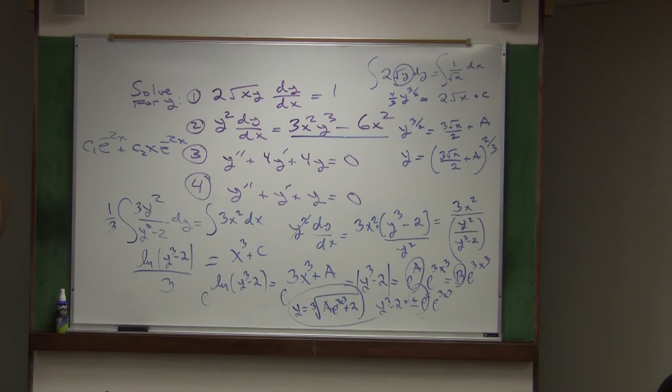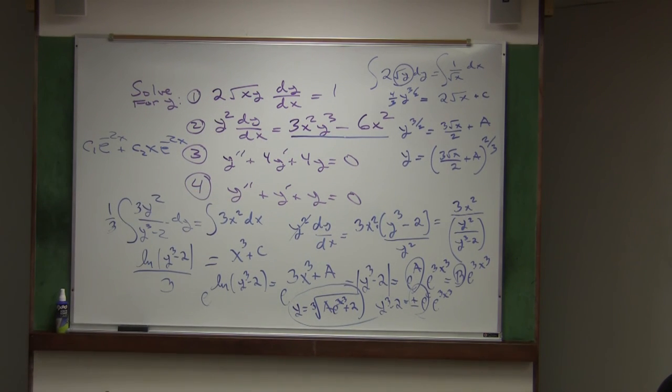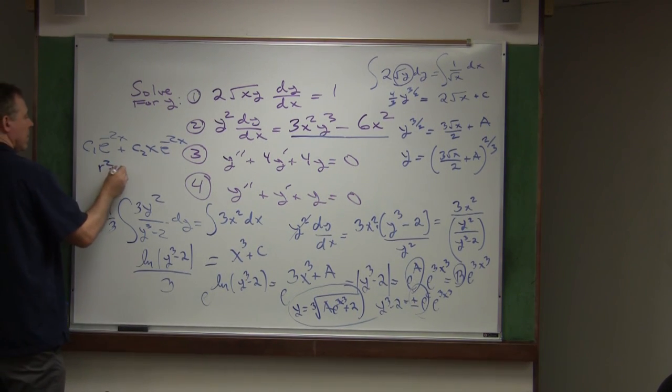Very good. And if you solve this one, what's your complex root? So r squared plus r plus 1 equals 0. What's r?